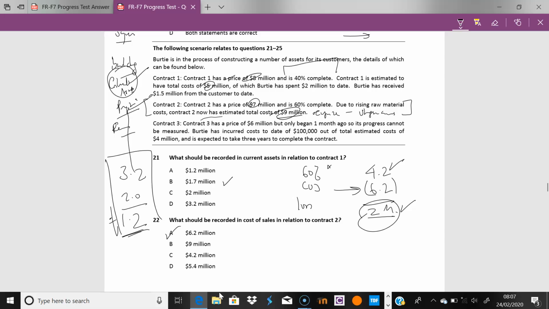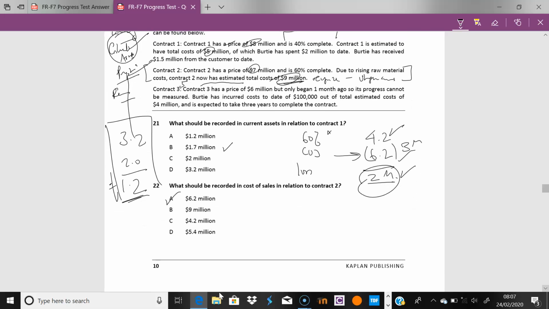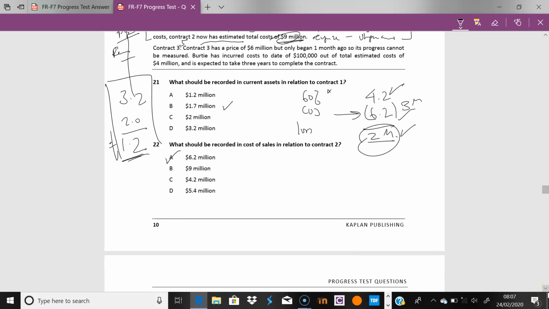We just don't know what the initial cost was. In reality and in practice, imagine it had initially been 5. So you'd have done 60% of 5 million and recognized 3, and then you found this out. So you'd put through another journal to expense that, to get it up to 6.2. Anyway, that's the kind of theory thinking. It's the same principle. Okay, great.